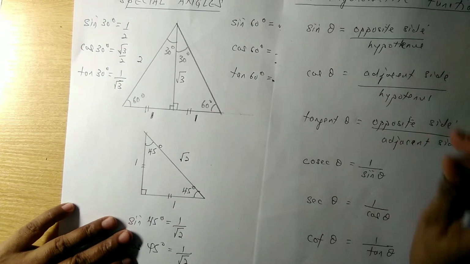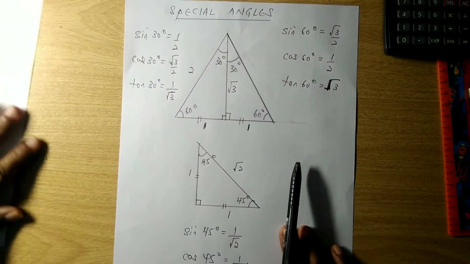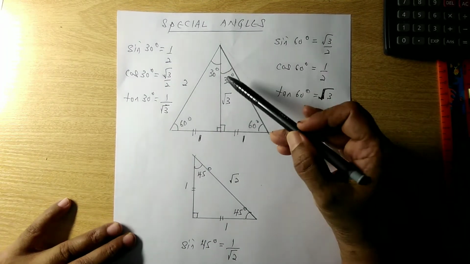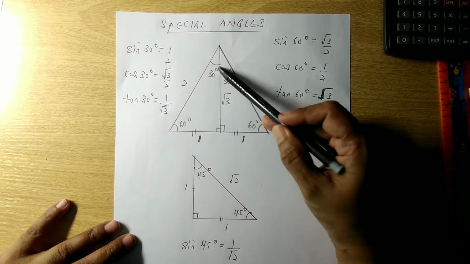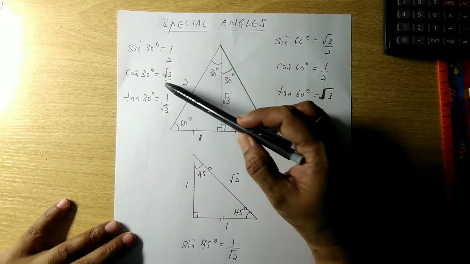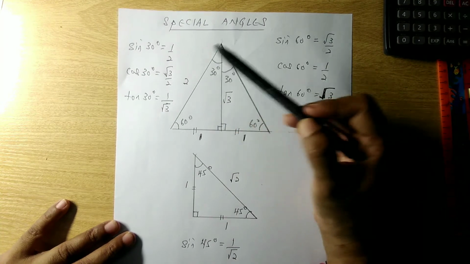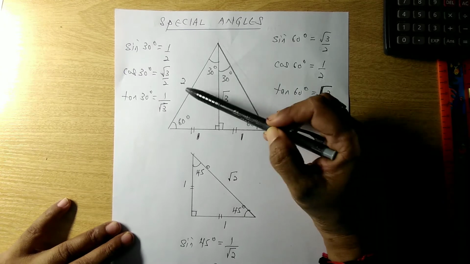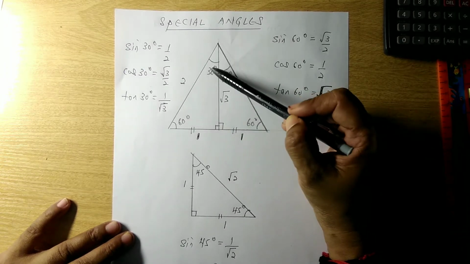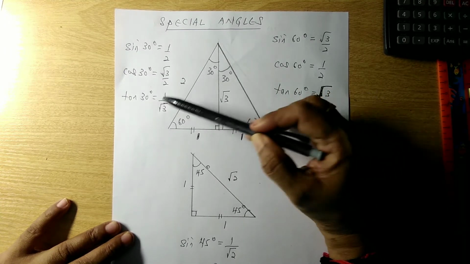For 30, the opposite is 1, so sine 30 is 1 over 2. Cosine 30 is adjacent over hypotenuse, which is square root of 3 over 2. And tangent 30 is opposite over adjacent, so it's 1 over square root of 3.